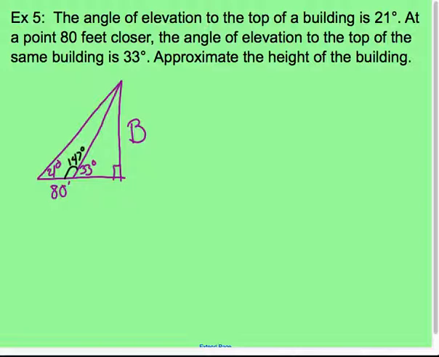So now I have two angles and a side in the one triangle. So I can find that third angle, again, by subtracting from 180 to get the angle across from the side that I know, my 80 feet. So what I'm looking for is this side length so that I have enough information in that second triangle to solve for the height of the building. So I'm going to set up my law of sines.